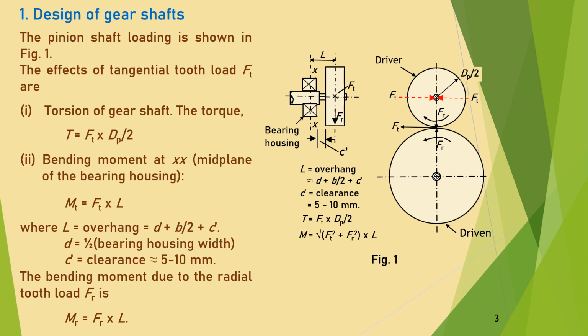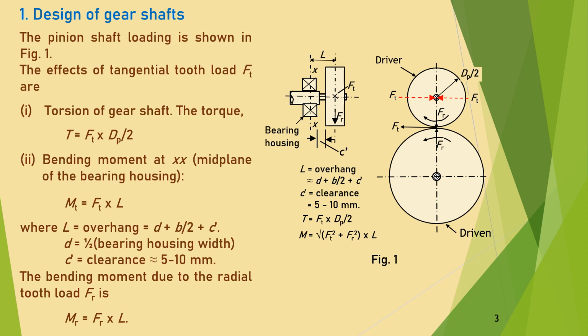For that, refer figure on the left where the force Ft is shown by a cross at the middle of the pinion. The pinion shaft is supported in the bearing and the overhang part of the shaft carries the pinion. The bending moment arm for force Ft is L, which is known as overhang.